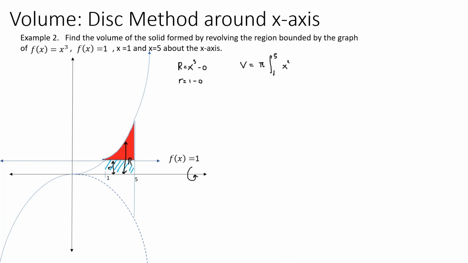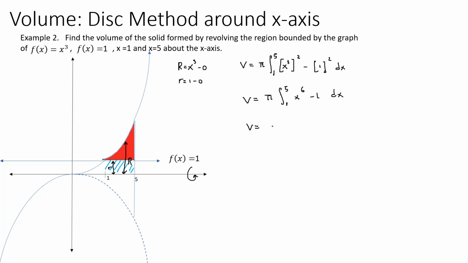So our volume will be pi times the integral from 1 to 5 of x to the third squared minus 1 squared dx. The volume will be pi times the integral of 1 to 5 of x to the 6 minus 1 dx.